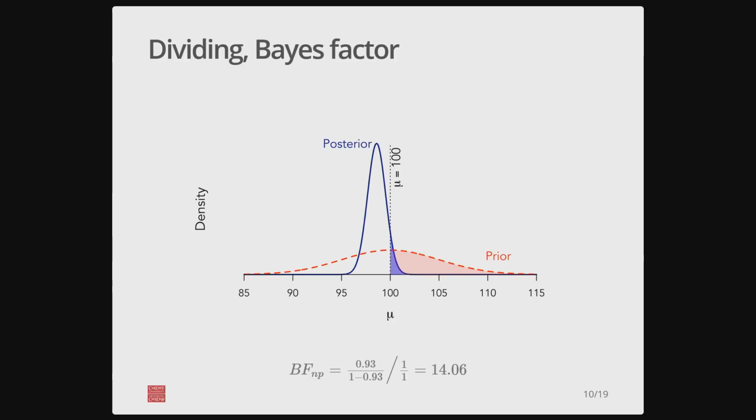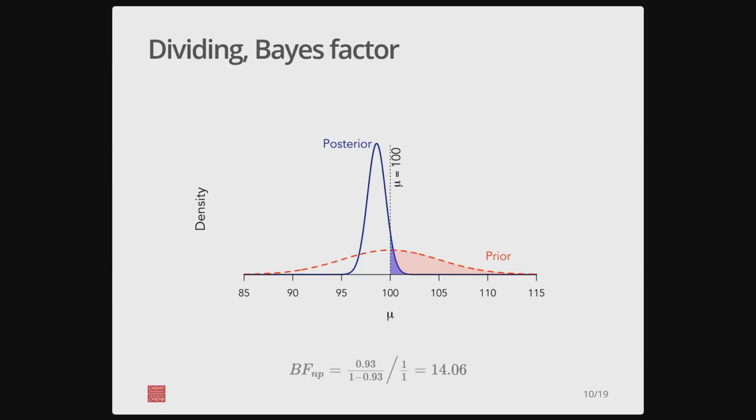So actually, as a Bayesian, I don't have any penalty for choosing one side or the other, so I don't have to do the two-sided test. And I can say my Bayes factor in favor of the effect being less than 100 is about 14. That is the change in the odds due to the data. So my Bayes factor is 14.